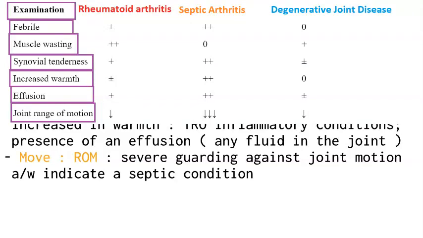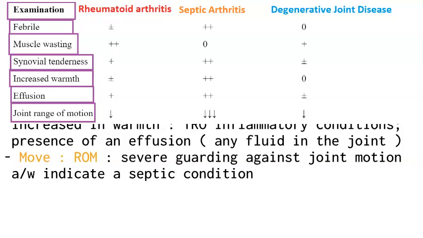For rheumatoid arthritis, patient may or may not have fever, significant muscle wasting, there is synovial tenderness, there is increase in warmth and effusion, reduced range of motion. In septic arthritis, patient will have fever and synovial tenderness with increased warmth and effusion, significant reduced range of motion.